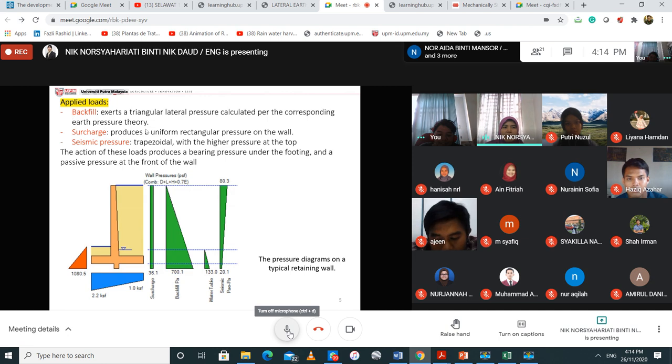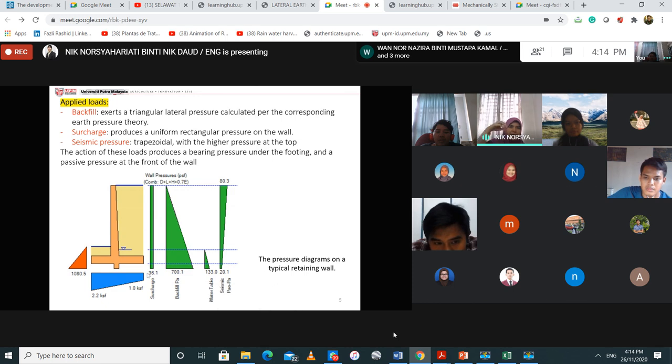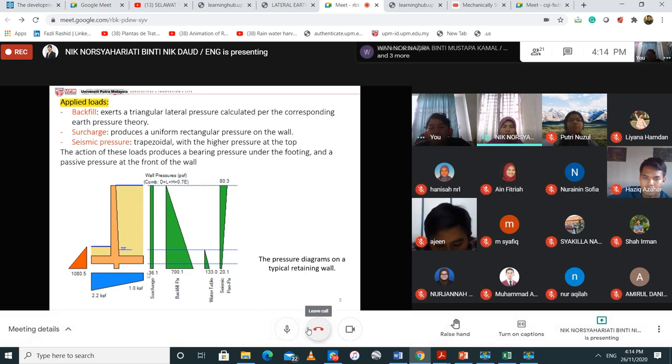If it's backfill, the applied load should go as a triangular lateral pressure, because here it becomes a triangle like that, meaning it varies with depth. And if it's surcharge, then it becomes rectangular. It goes all the way down, but it still gives loads to your lateral part, a force on your retaining wall.